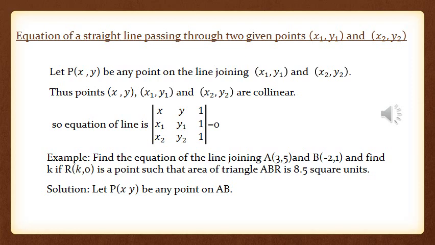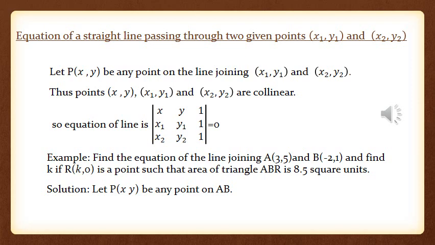So determinant x, y, 1, x1, y1, 1, x2, y2, 1 is equal to 0. So the equation of the line passing through (x1, y1) and (x2, y2) is given by determinant x, y, 1, x1, y1, 1, x2, y2, 1 is equal to 0.